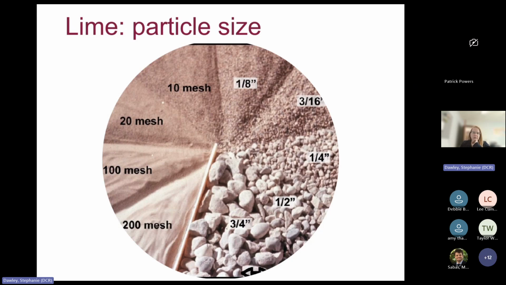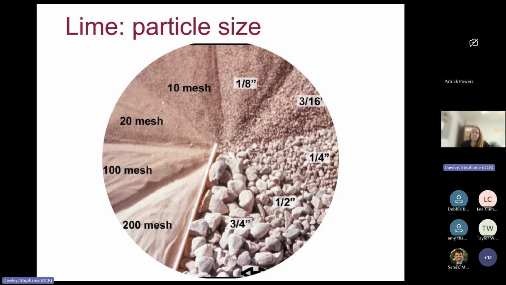And these mesh sizes are, I cannot think off the top of my head what exactly the mesh is, but I think it's 10 particles making it through the mesh versus a number. This is 1/8 particle size, 3/16, 1/4, 1/2, 3/4 inch. Obviously, the bigger it is, the chunkier it's going to be, the longer this is going to take to break down. This fine ground 200 mesh, which looks pretty much like sand, will react very quickly within the soil.